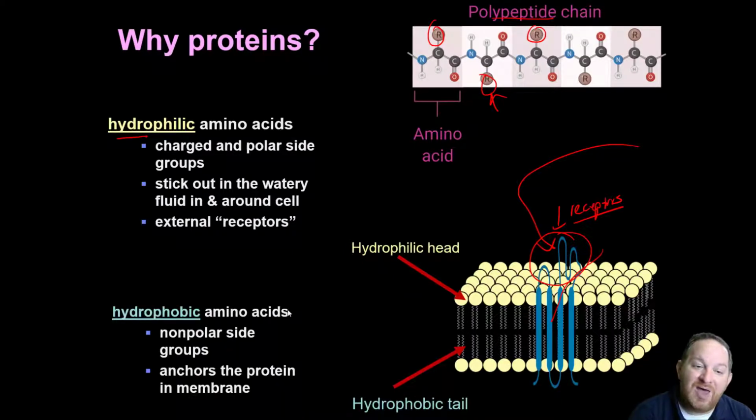The hydrophobic part of the protein, remember, has the amino acids that are hydrophobic, so they're going to be anchored here in the membrane. This gives it some anchoring, so the protein's not moving in and out so easily. So because proteins have, or could have, both hydrophilic and hydrophobic amino acids, they are great at anchoring across a membrane and allowing other things to come in and out.